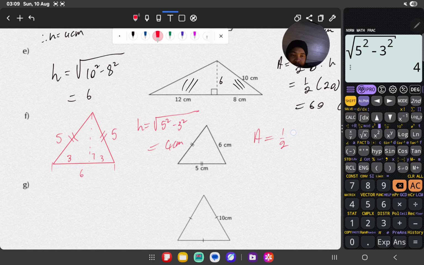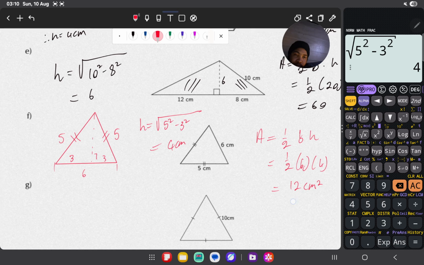Half base times perpendicular height, which is half, our base is 6 units, perpendicular height is 4, that's 3 times 4, it's going to be 12 centimeters squared.